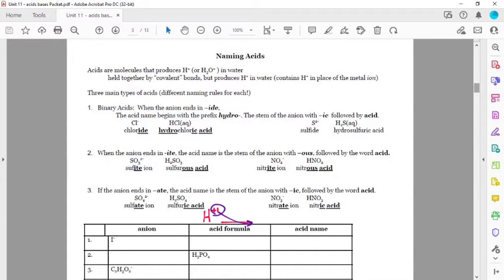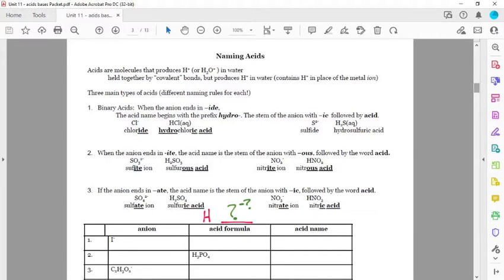And that +1 is never going to get written down. We never write ones in our formulas, so that actually makes our cross-dropping and reducing easier. Technically, the formula of our acid is only going to be based off of what that ion is and what its charge is.